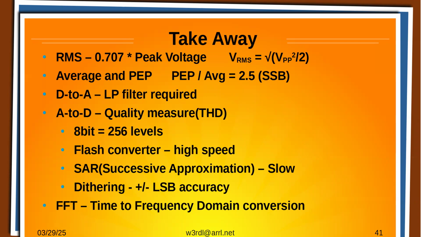Flash converters are high speed, successive approximation converters are slow speed. Dithering will give you greater accuracy up to half of a least significant bit addition. So they claim. And FFT is time to frequency domain conversion, and an inverse FFT goes the other way, frequency to time. Any questions on that one?